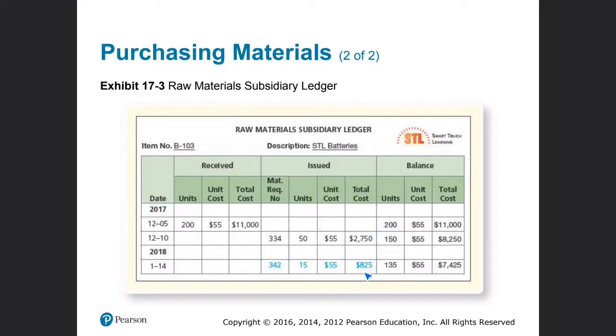Total cost decreased because the total cost is, again, the number of units times the cost of the unit. So 15 times 55 equals 825. That is going to reduce our balance in the account. So now we only have 135 units. They're still at $55 cost. And then the total cost has gone down to $7,425 in that unit.